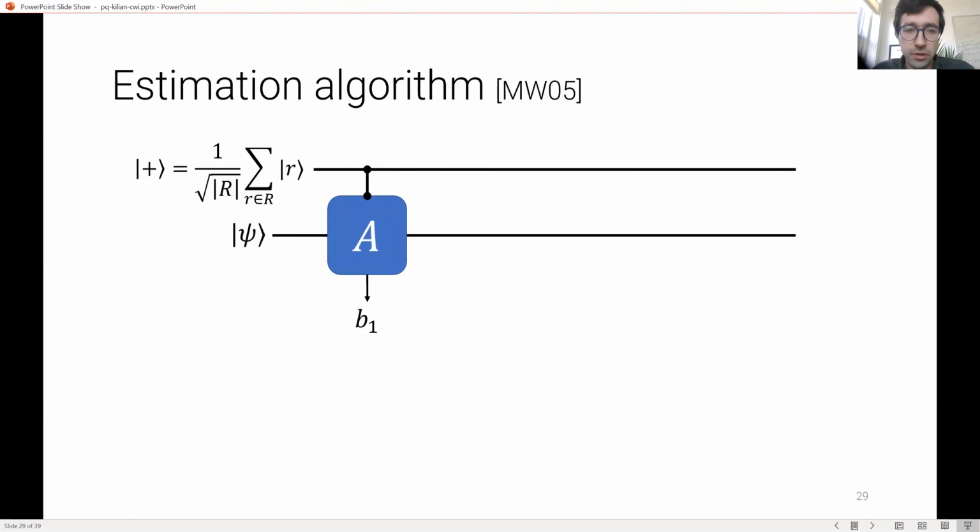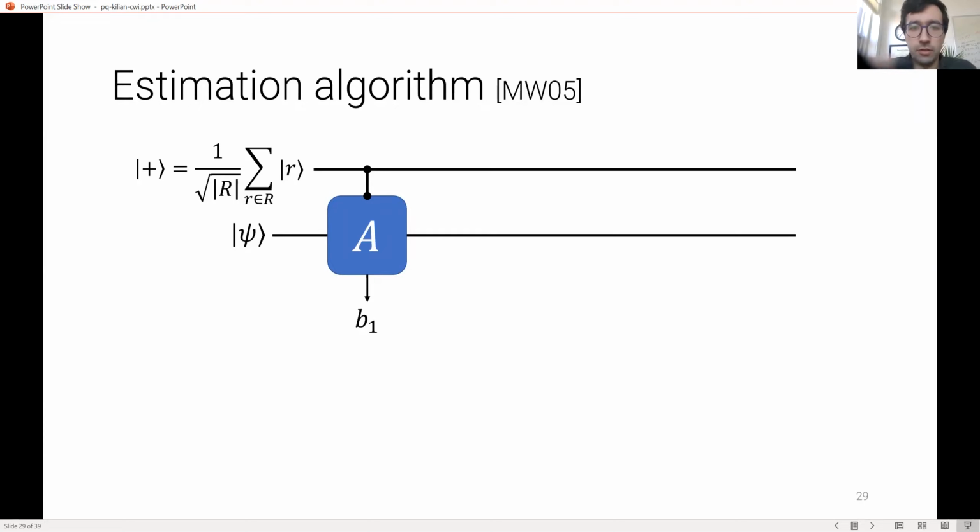which achieves this. So what you do is you run a controlled application of A, where the control bit is going to be in the plus state.